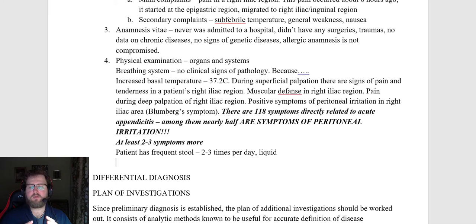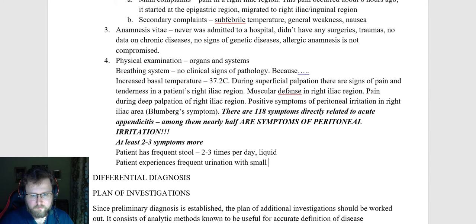You may also write down that this particular patient has frequent urination, which is accompanied by small portions of urine output.